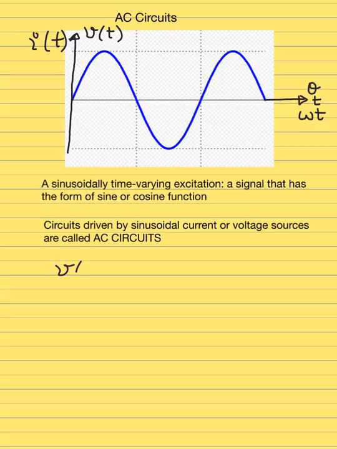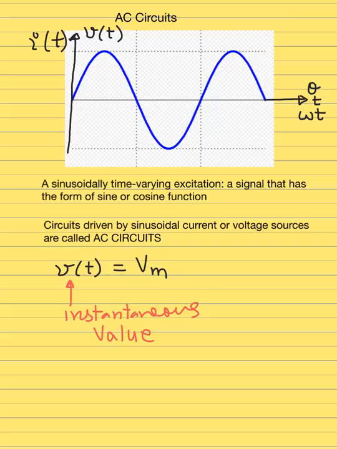So voltage as a function of t. This value of the voltage function is called the instantaneous value. So it is the value of the voltage at any instant. Now the expression for v(t) can be written as Vm sine omega t.